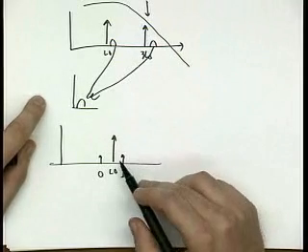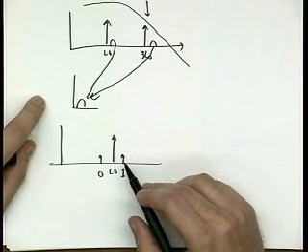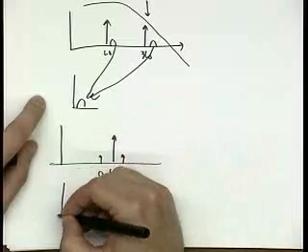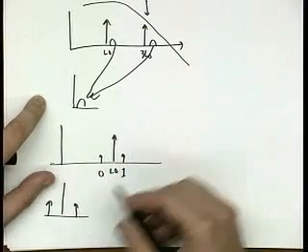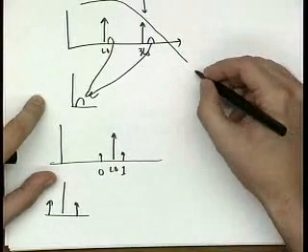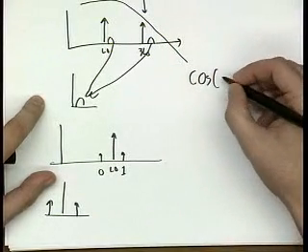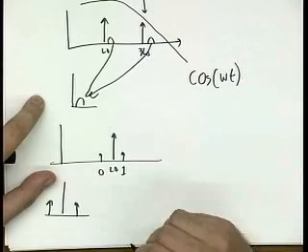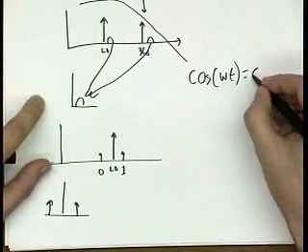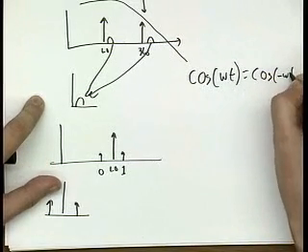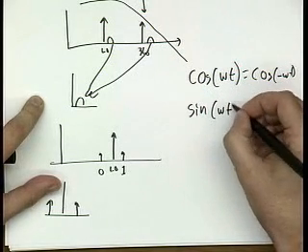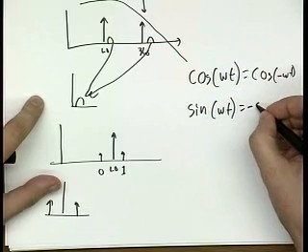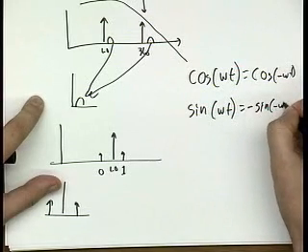When you go to baseband, the way that comes out is in phase. So if you go to baseband, that's like having a positive frequency and a negative frequency, which translates to, in the I band, they both look like cosine of omega t. Plus or minus, cosine of omega t equals cosine of minus omega t. But for the Q band, you get sine of omega t, which is equal to negative sine of negative omega t.